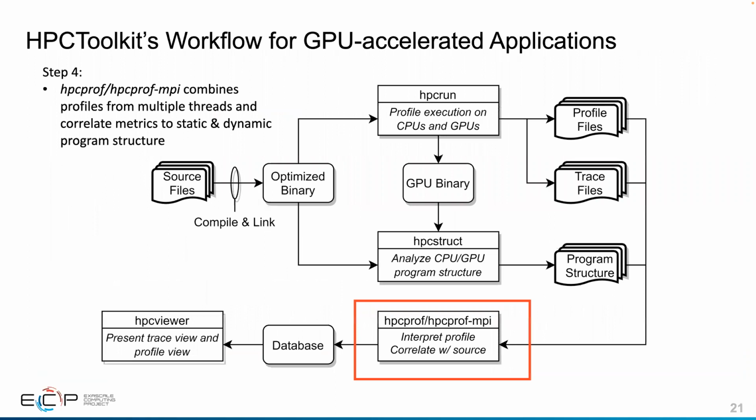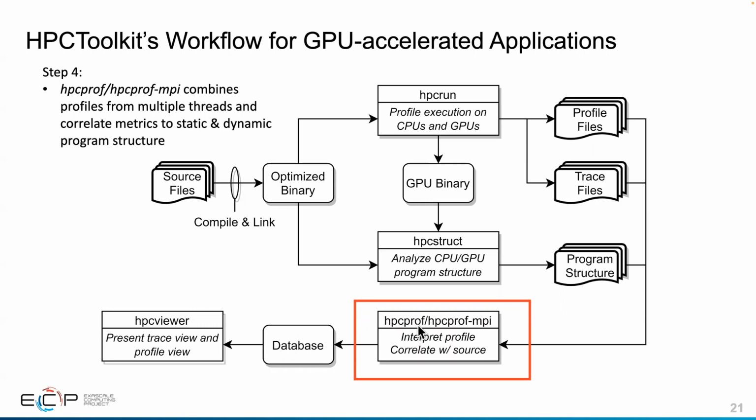So now we've collected our program structure information. We have our profiles and trace files, and then we have these 2 tools, HPCProf and HPCProf-MPI, which are responsible for taking the program structure information and integrating it with the information in the trace files and the profile files, so that we turn our performance measurements into performance analysis results.